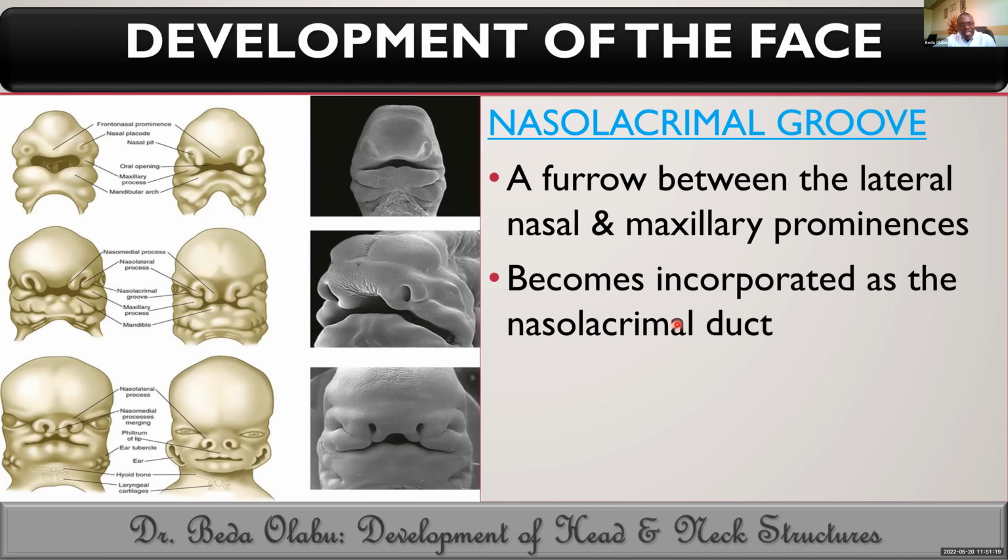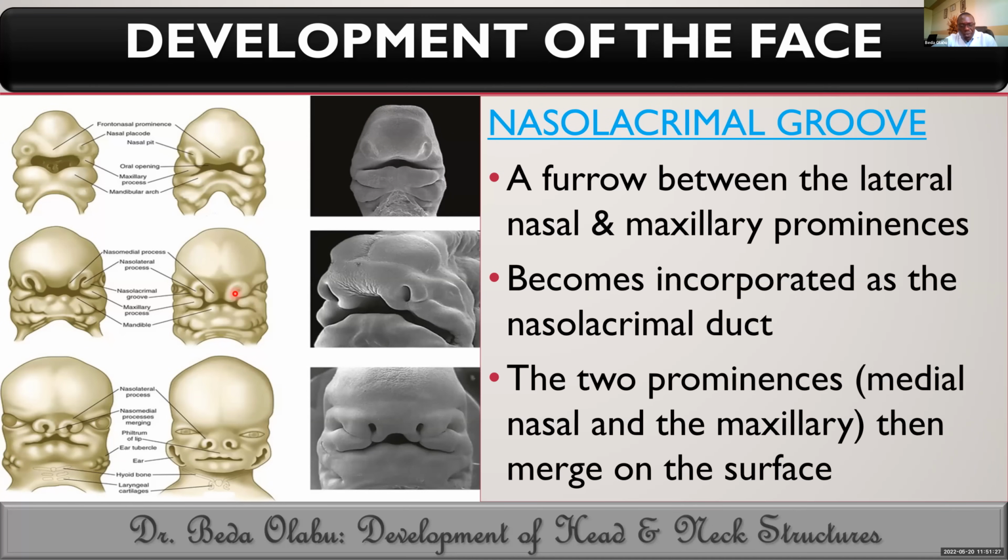The nasolacrimal duct is a channel connecting the orbital cavity and the nasal cavity. So the nasolacrimal duct will not be seen on the surface because the tissues of the lateral nasal prominence and that of the maxillary prominence have grown and merged on the surface. But deep inside, there's a ductal structure that will be carrying tears from the orbital cavity to the nasal cavity. So that is how we have the nasolacrimal duct.